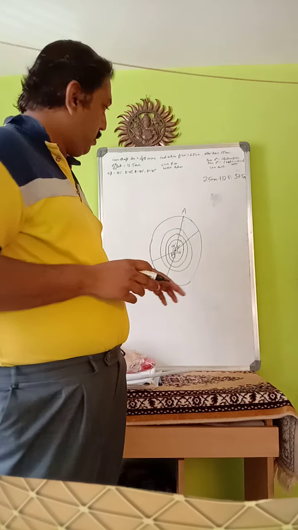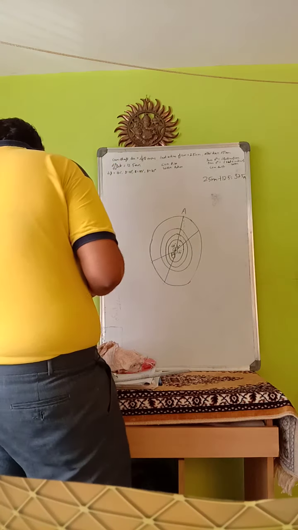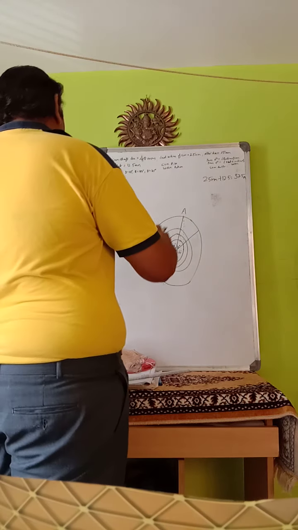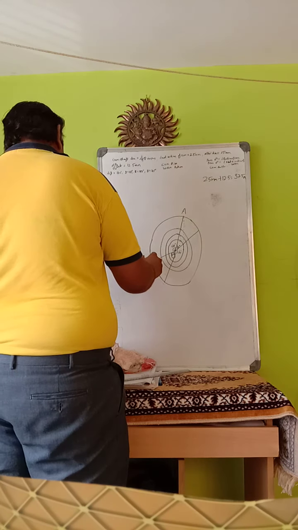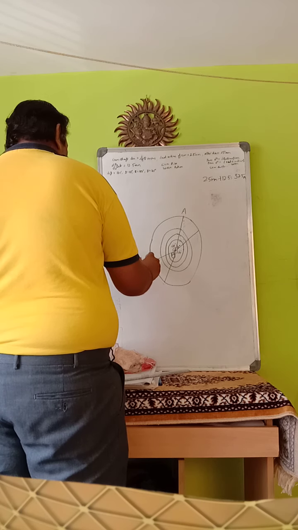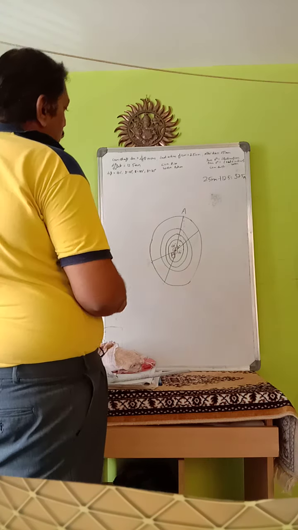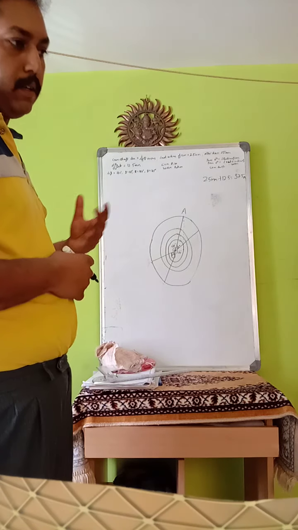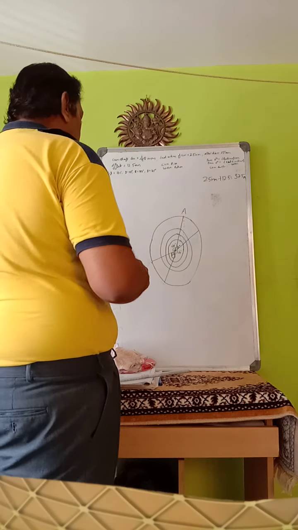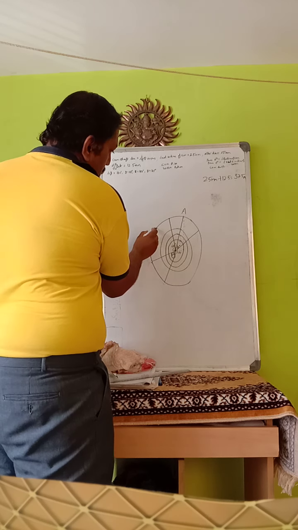Let us take this portion, A, O, G. We divide this into 6 parts. So 120 degree by 6, whatever angle you get, you divide. So you will get these 6 segments.